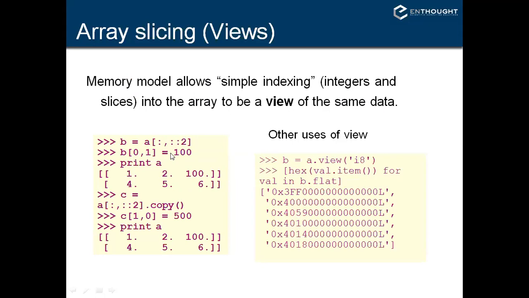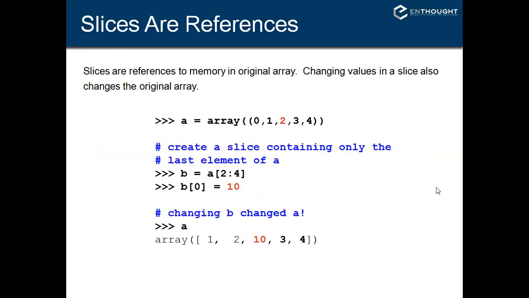It is simply showing the information like b[0, 1] location has 100 in it. So whatever information it previously had will be replaced by this 100. Now if you wish to copy something out of it, you can always copy. If you wish to put some value at the 1, 0 position, you can always do it this way, right?